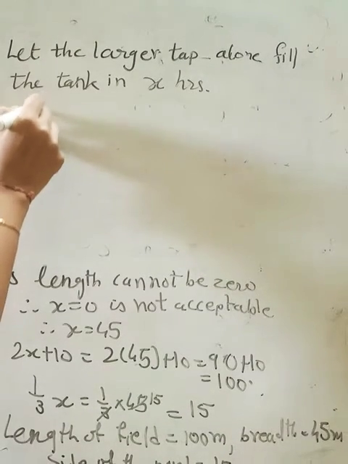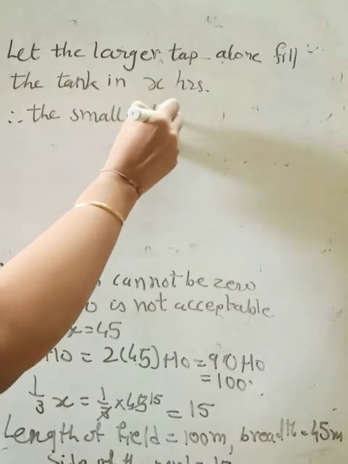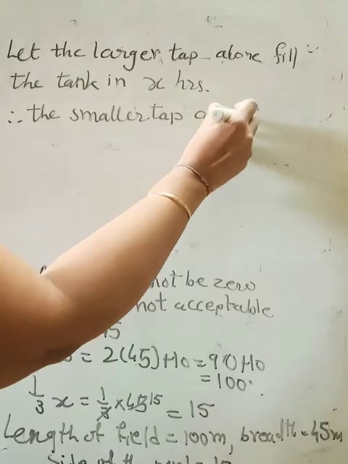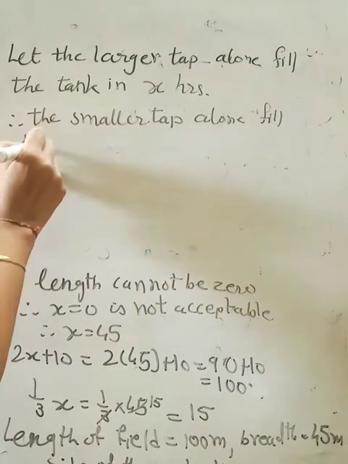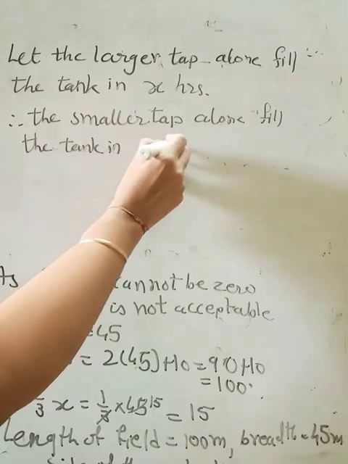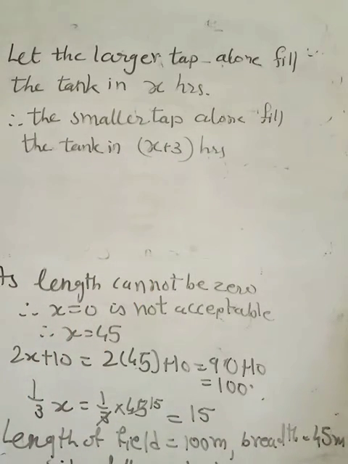Therefore, the smaller tap alone fills the tank in x plus 3 hours, correct? 3 more than that, so x plus 3 hours.